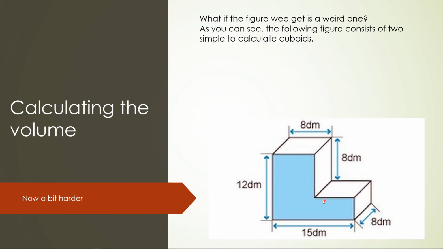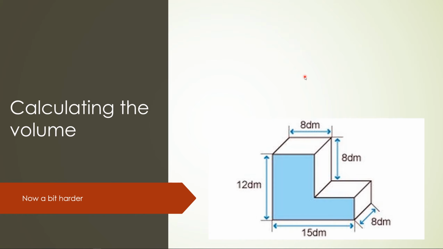I see multiple cuboids. We could do this one and this one. But for this example, we take this one, so we split it here and calculate the bottom one and the top one. Well, we start with the upper cuboid.